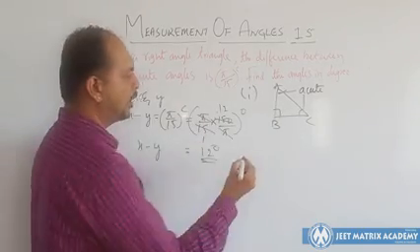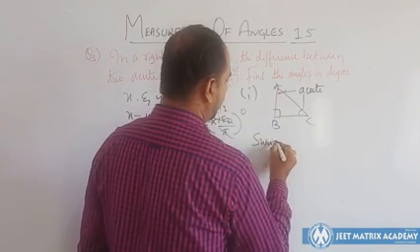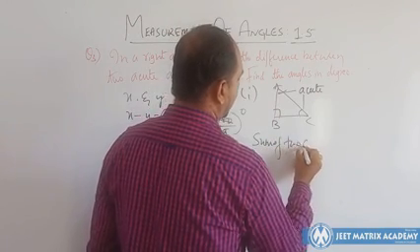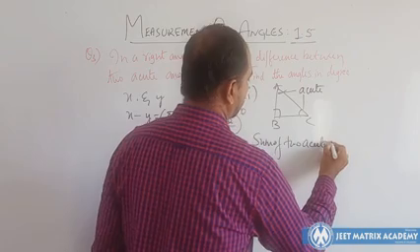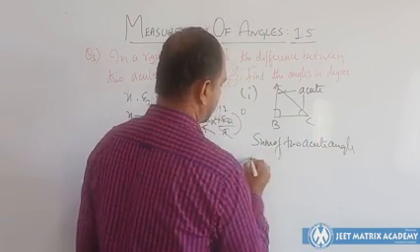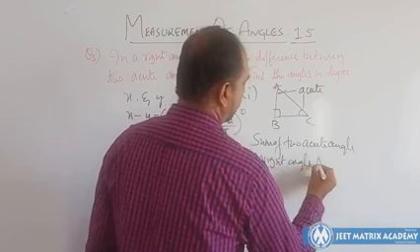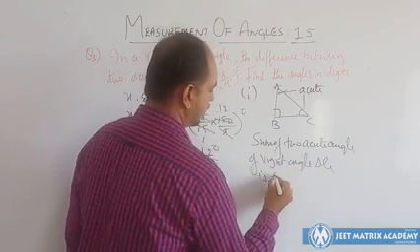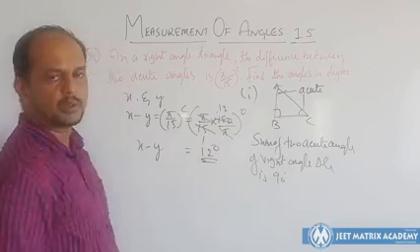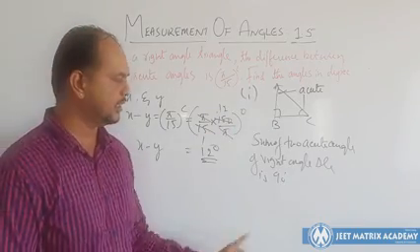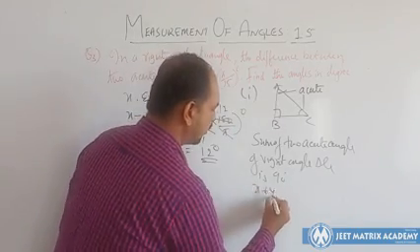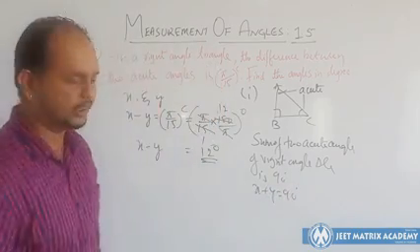And what do we know? The sum of the two acute angles of a right angle triangle is 90. That means x plus y equals 90 degrees.